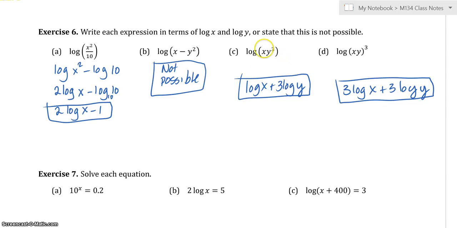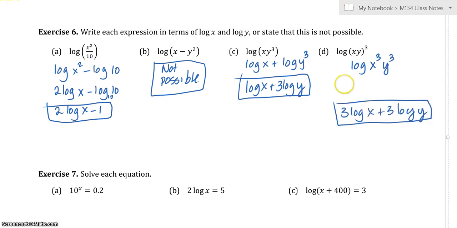This one I did in one step, but I will add a step here if you need to see it. I used the first rule, and then I brought down that 3. This one is kind of interesting. You could do this the way I did above by bringing down the 3 first, but I'm going to go ahead and do it this way just to show you that you could do that, which is equal to, make some room, log of x cubed plus log of y cubed, and then you can bring those 3's.